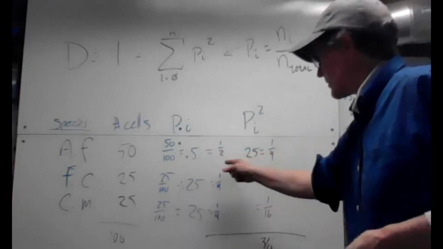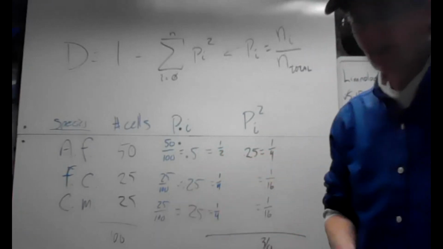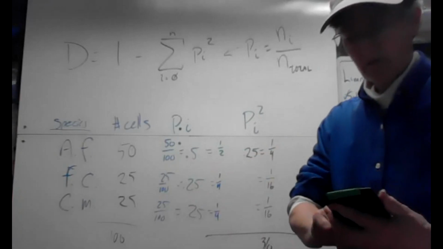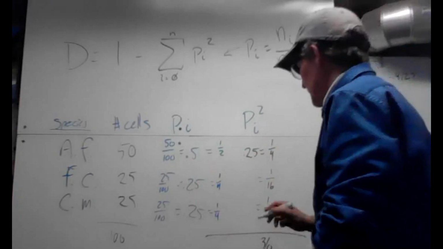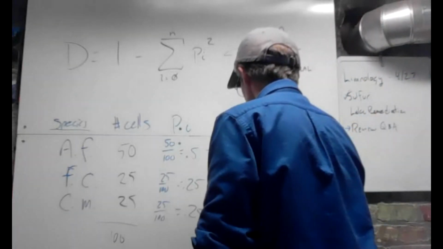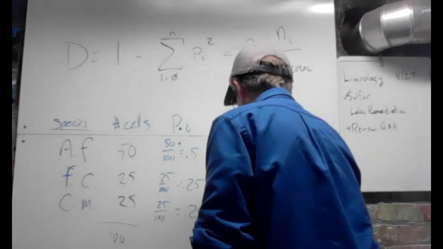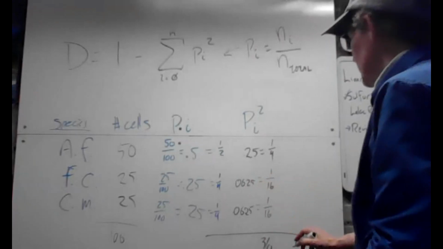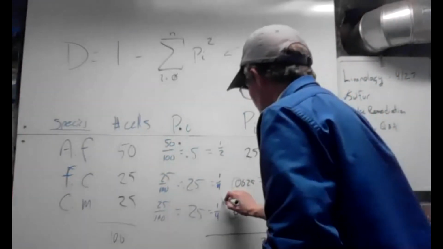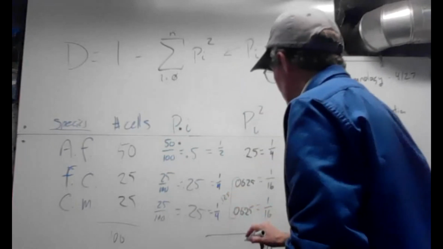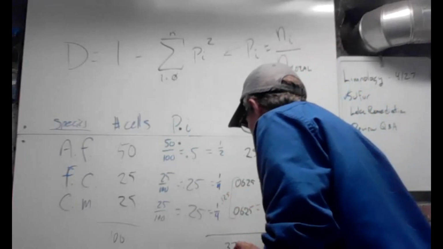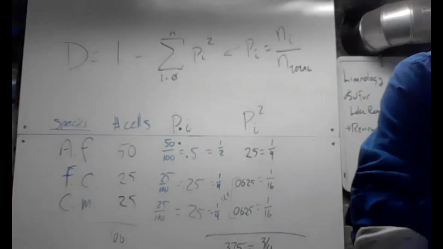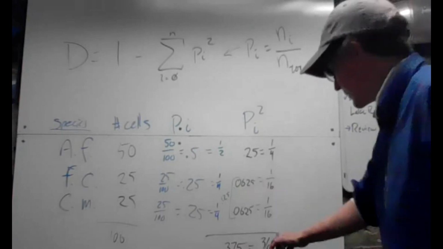Now I can't square 0.25 in my head. I think it's 0.625, but I would want to check that. Yeah, 0.0625. There we go. So this is 0.0625. That's 0.125. That's 0.375. So 3/8. 3 divided by 8, 0.375.